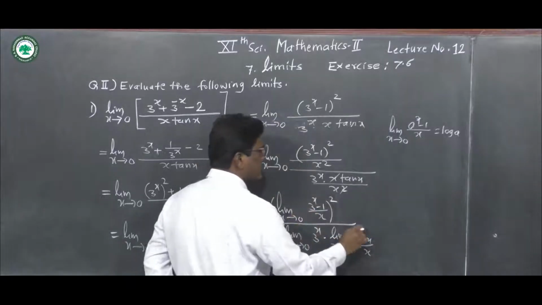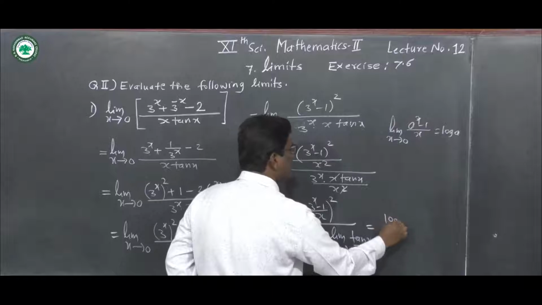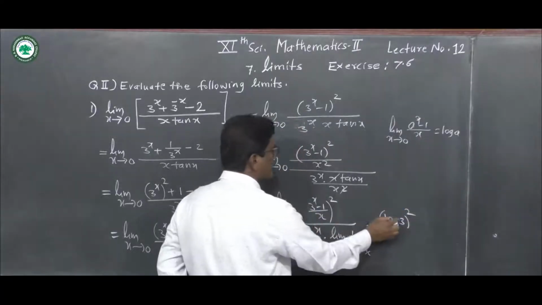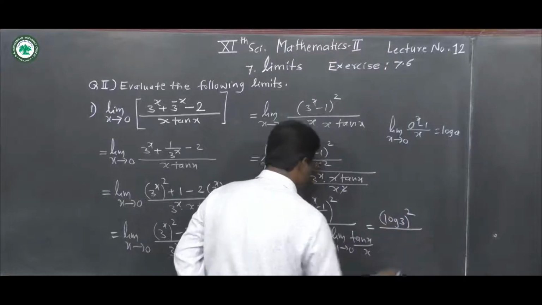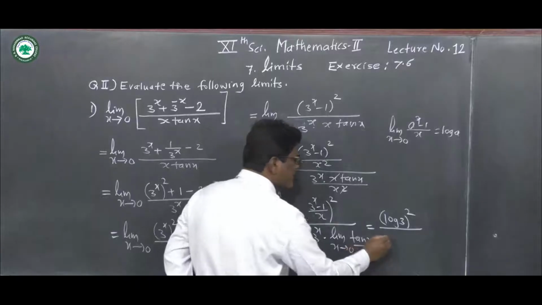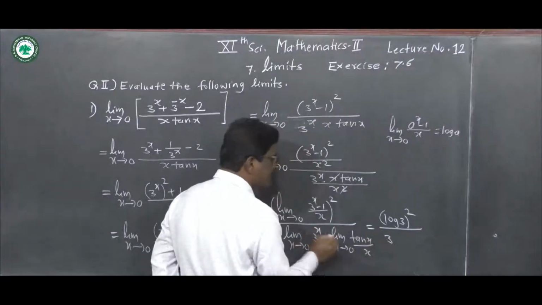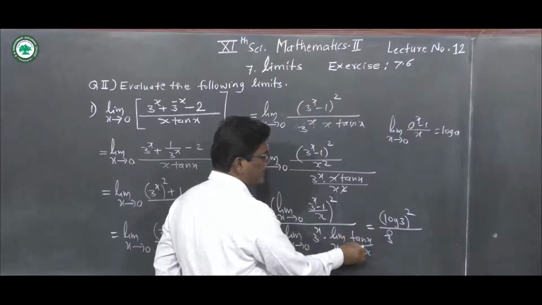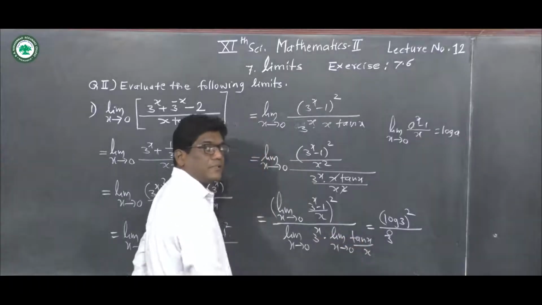So the solution of this is log of 3 bracket square, because here a is 3. So log of 3 bracket square divided by, here limit x tends to 0, 3 to the power x, so 3 to the power, put here x as 0, so 3 to the power 0, and limit x tends to 0 tan x upon x, it is a standard formula, that is 1.